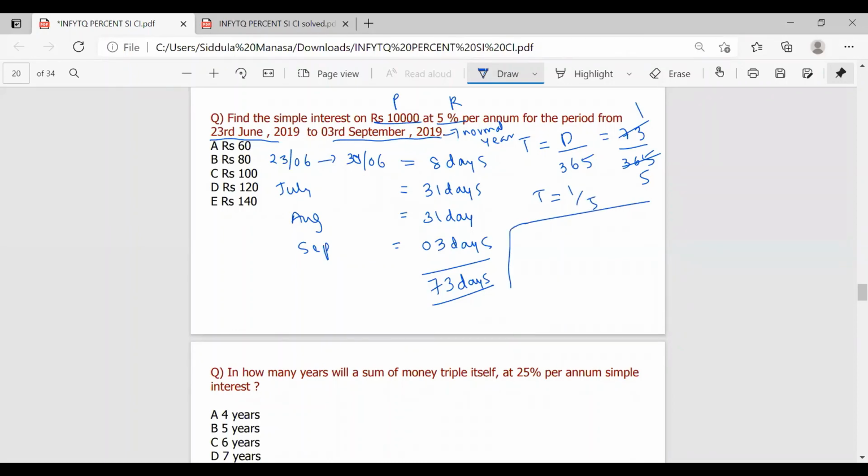Now for the simple interest: simple interest equals PTR by 100. The principal is 10,000, rate of interest is 5 by 100, time period is 1 by 5. So this 5 and this 5 cancel, and the zeros cancel. We got 100. So the simple interest is 100. Option choice C.